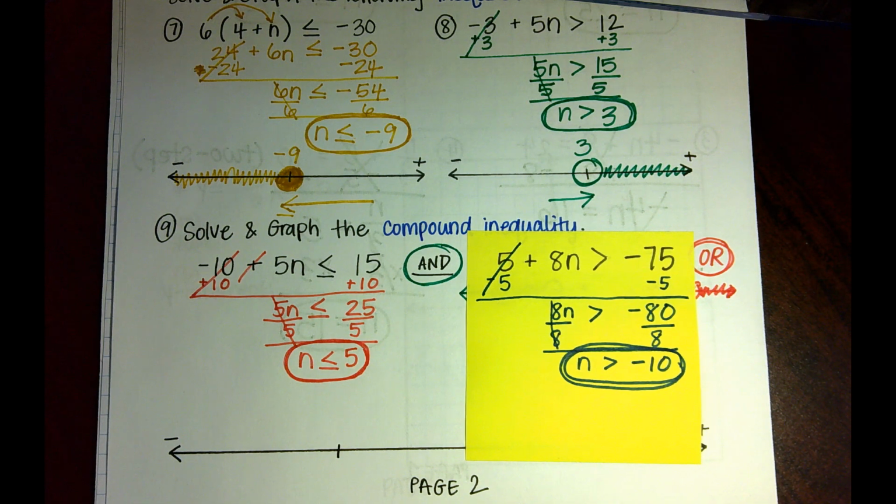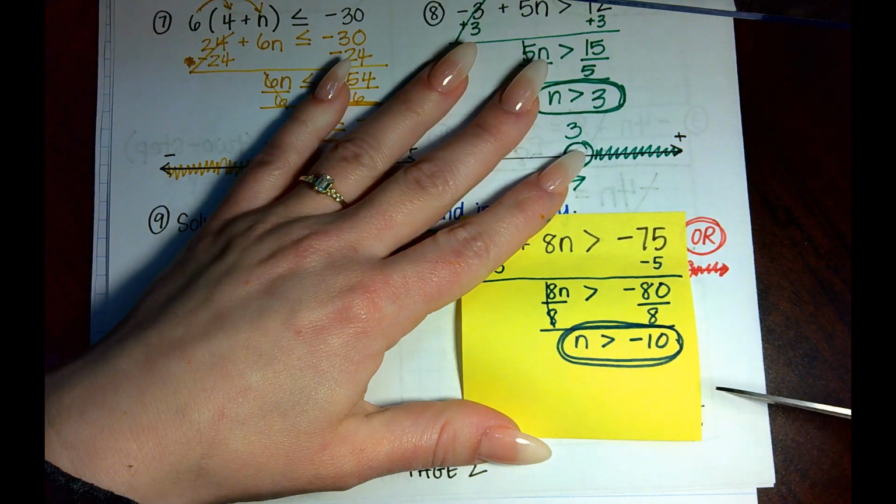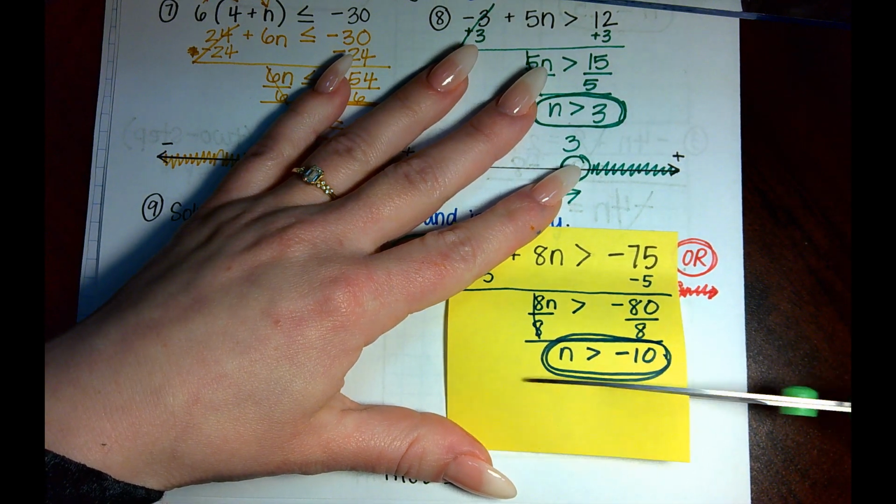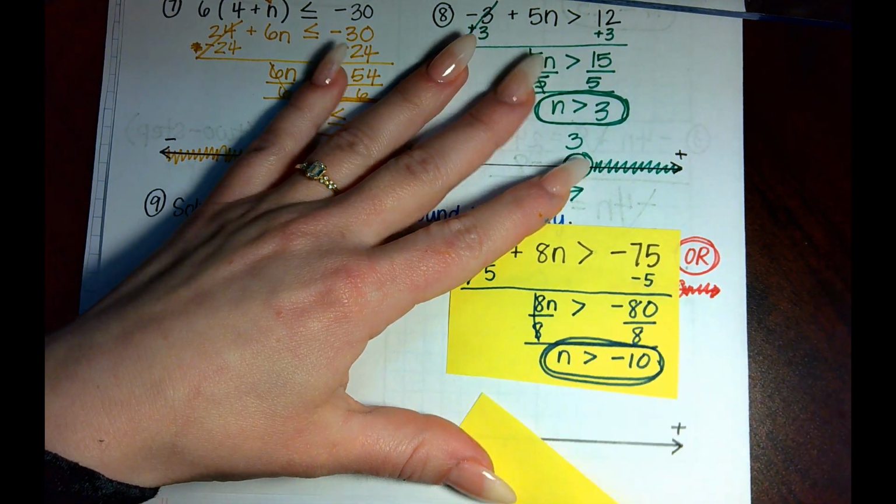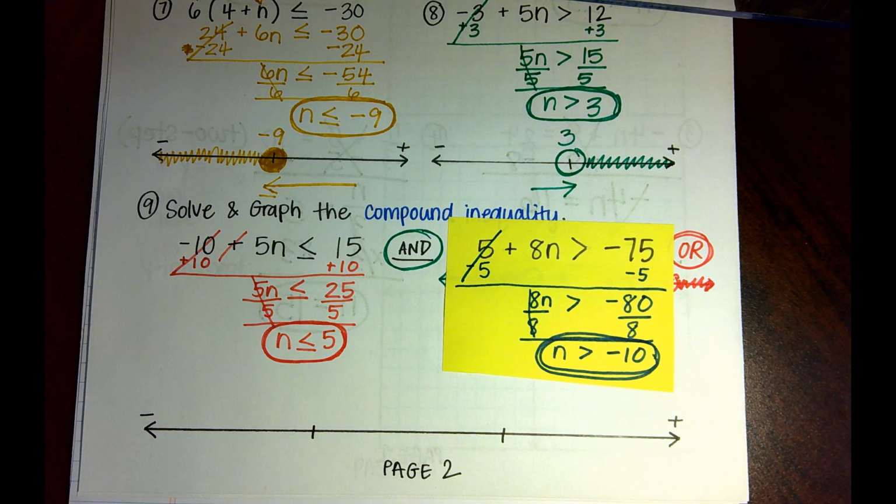So now I have my 2 inequalities solved. I have n is less than or equal to 5 and n is greater than negative 10.